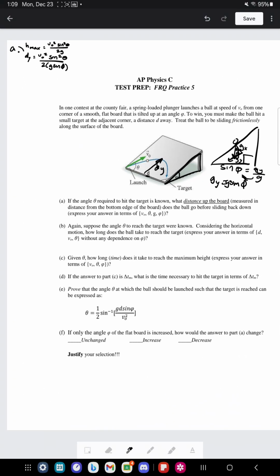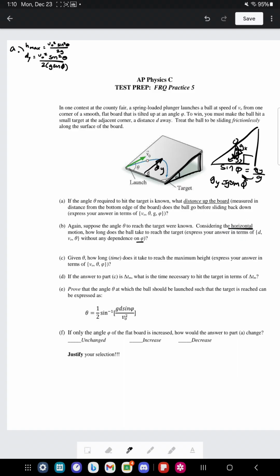For our next question, we cannot use the range function without any dependence on that, but it says to consider the horizontal motion.